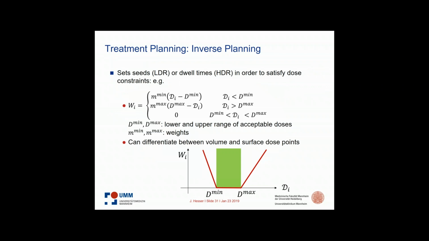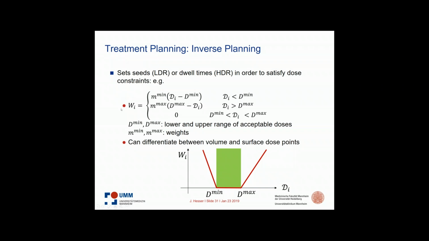The important part for all this is that we have prescribed doses. It means we have an upper dose for organs at risk and a lower dose for the tumor. The reason is that the NTCP, the sensitivity of an organ at risk, is characterized by the upper limit of the dose, and tumor control is defined by the lower limit of the dose.